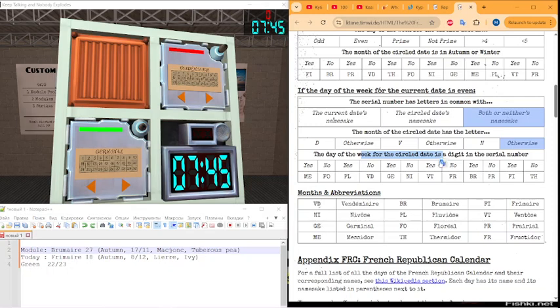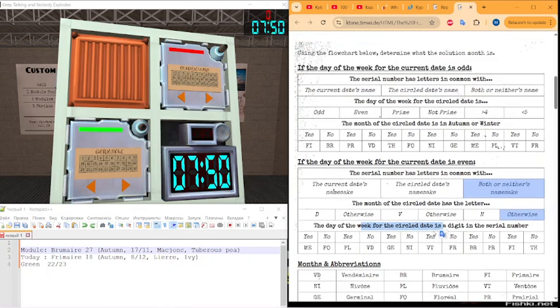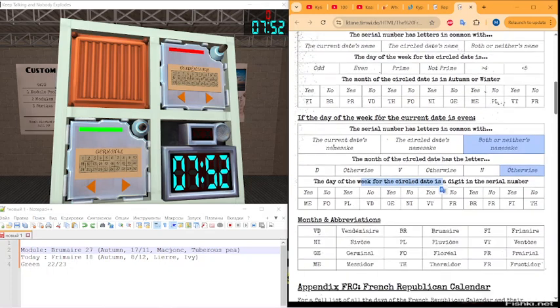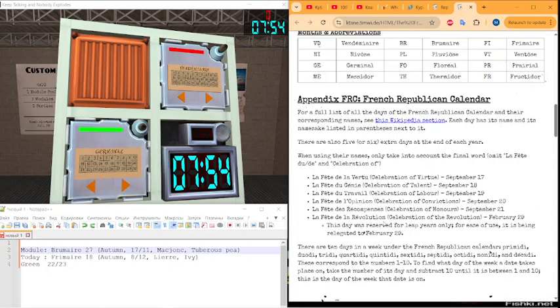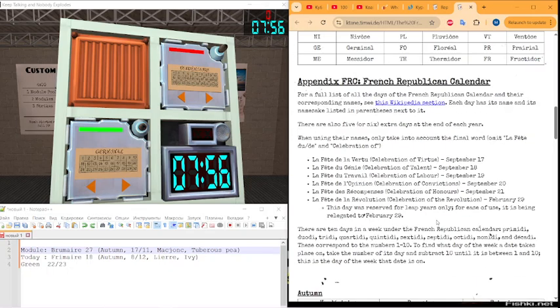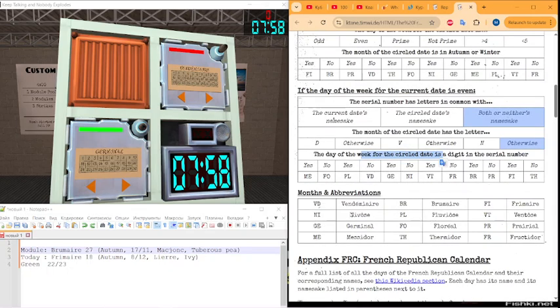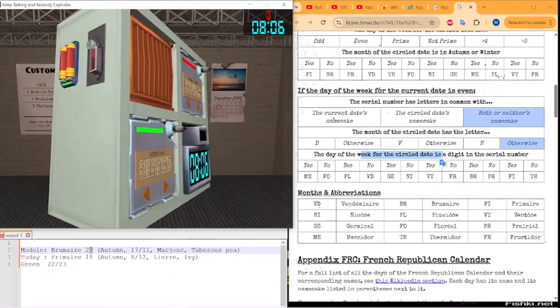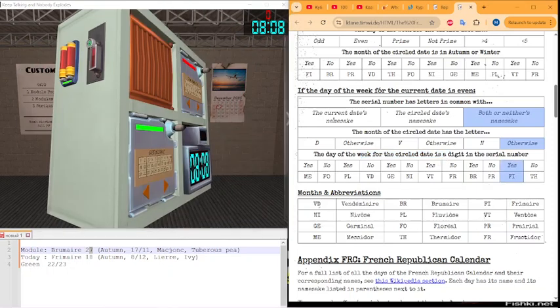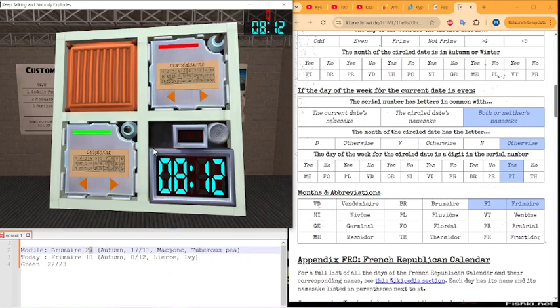So day of the week is from 1 to 10. I assume by 10 it means just 0. I don't know where it's written, if it's written at all. So the day of the week of the circled date, which is 27, is 7. Is 7 in the serial? Yes, it is. So our solution month is Foxtrot India, which is Primaire.